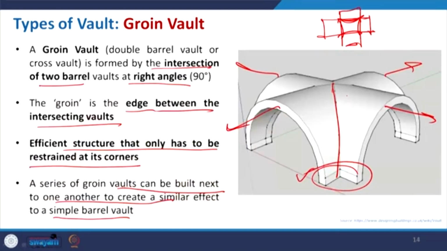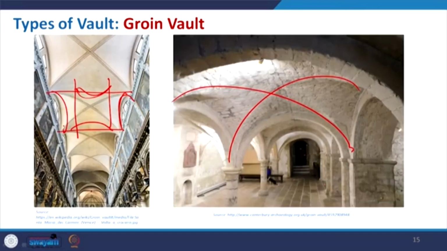Previously we saw the simpler form, and now this is pointed and only the corner is being supported. In the barrel vault, what was the difference? Since it is continuous, you need a wall, or sometimes it is supported with a thick wall in different parts of the section.